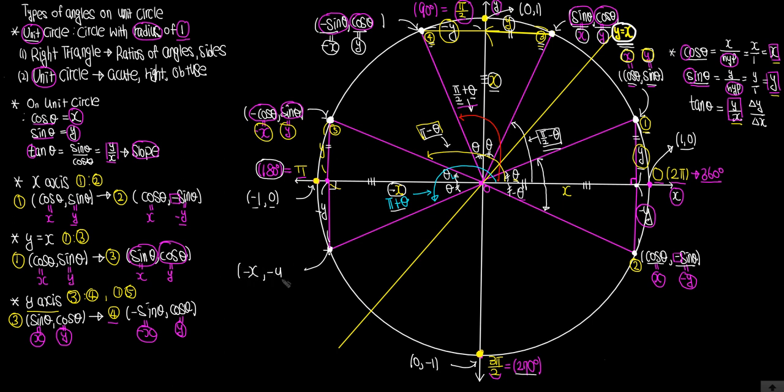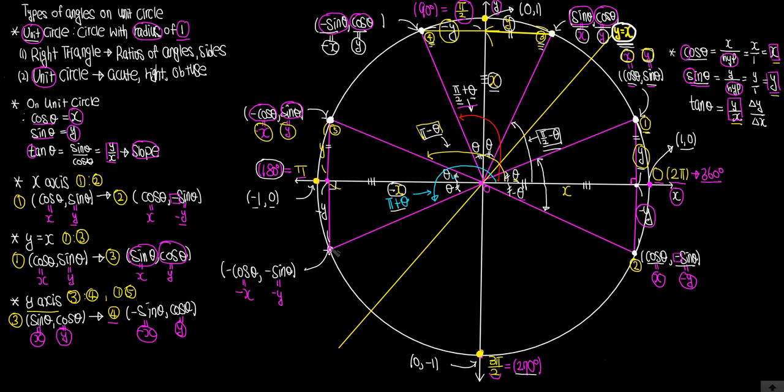comma negative y, but we always need to convert it into trigonometric values as sine and cosine for coordinates. So for that coordinate, negative x is going to be negative cosine theta, and negative y will be negative sine theta. So this coordinate will be negative cosine theta, comma negative sine theta, where negative cosine theta is our new negative x value, and negative sine theta is our new negative y value.